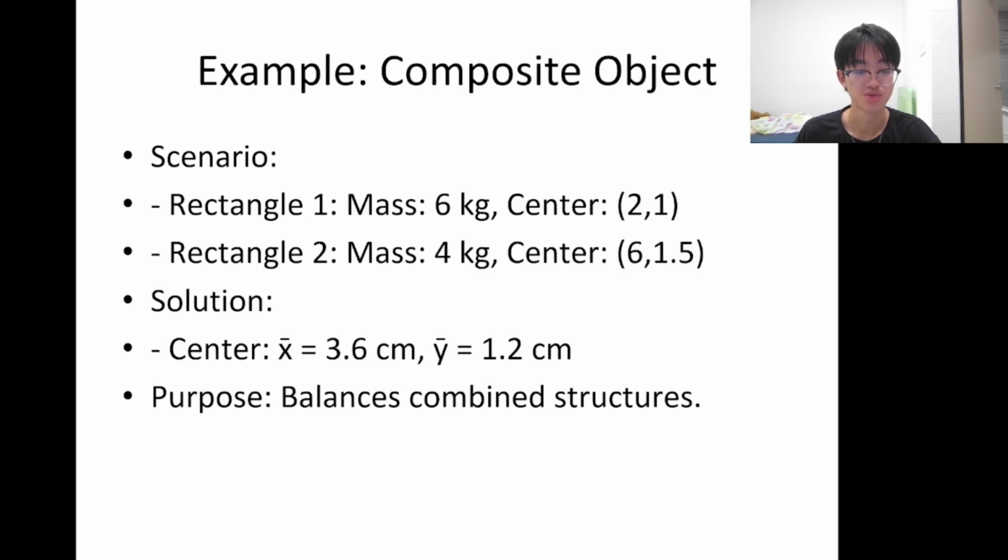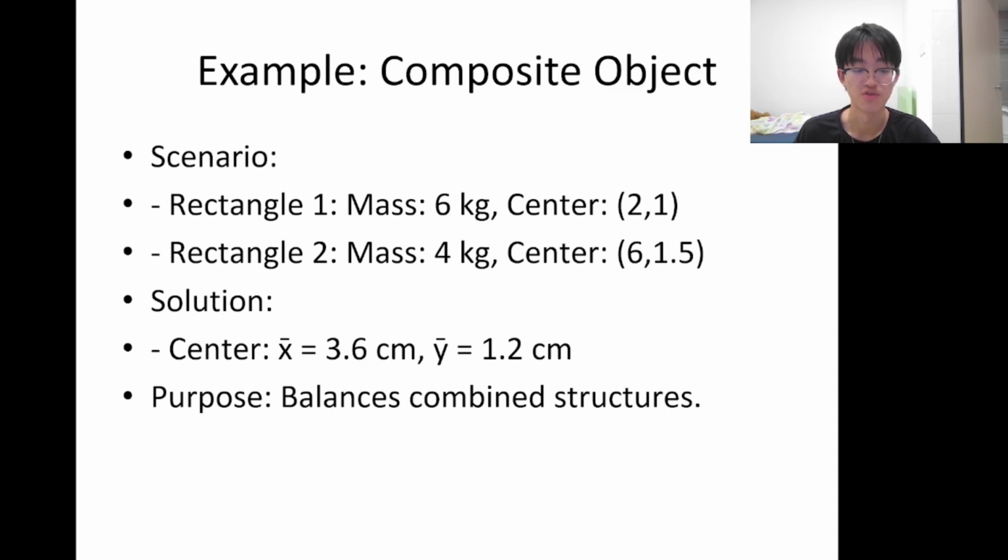And the third example is to explore the center of mass of a composite object made of two rectangles. The first rectangle has width 4, height 2, and mass 6. The second rectangle has width 2, height 3, and mass 4.